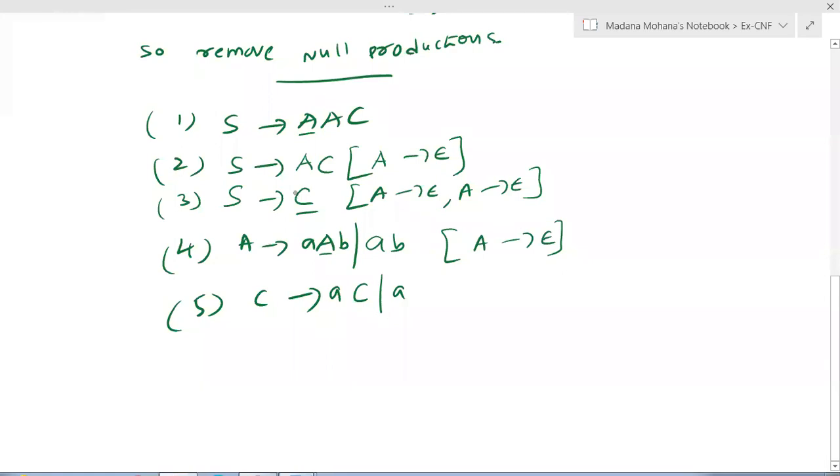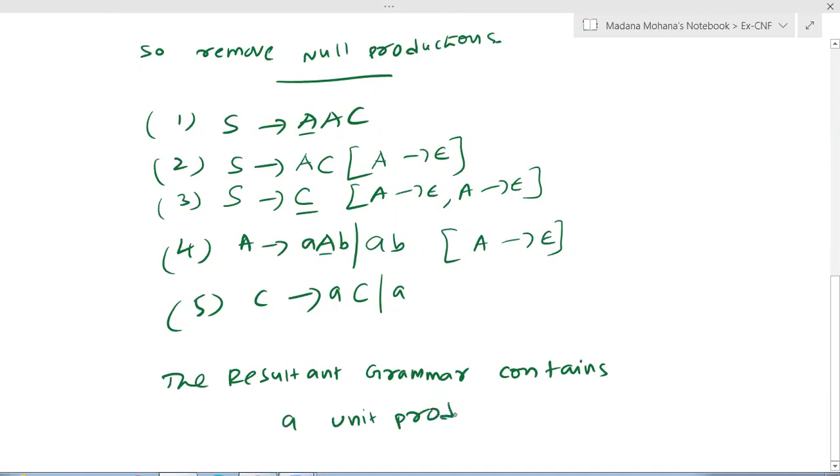Only S contains a unit production. So now the resultant grammar contains a unit production. So what is the unit production here?